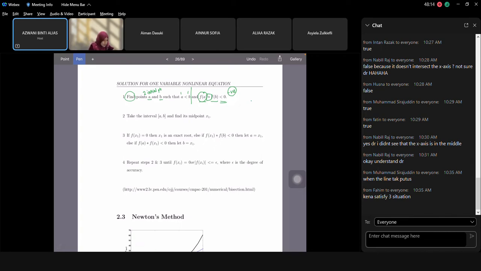Ataupun dengan nama lain, kalau tak silap saya dia dipanggil intermediate value theorem. Saya tulis sikit kat sini, intermediate value theorem ni adalah one of the theorem.